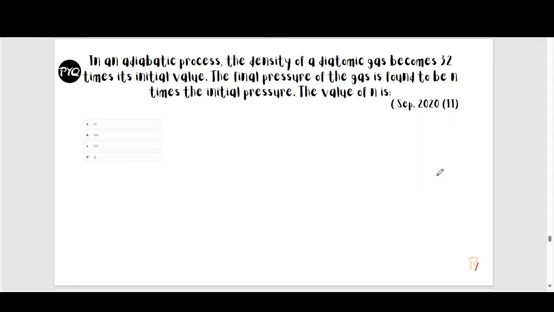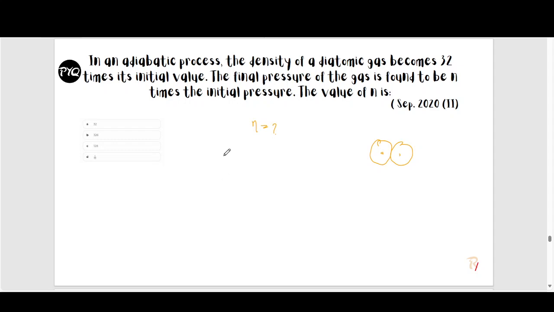In an adiabatic process, the density of a diatomic gas becomes 32 times of the initial value. The final pressure of the gas is found to be n times of the initial value. The value of n is?